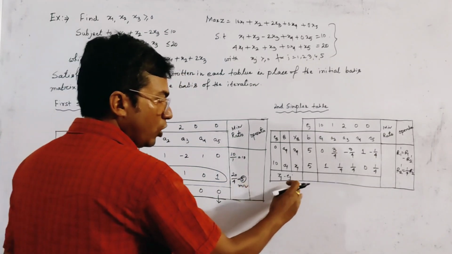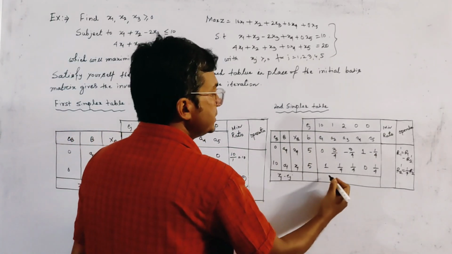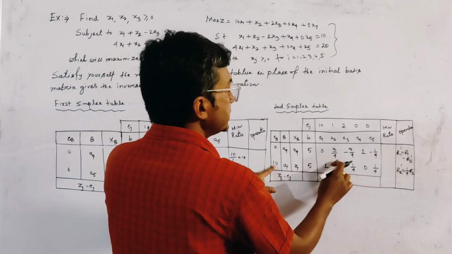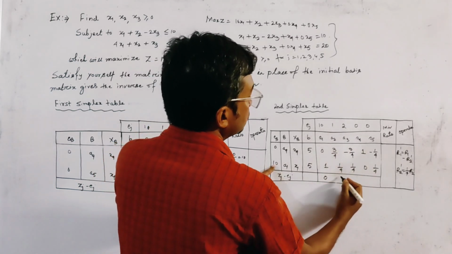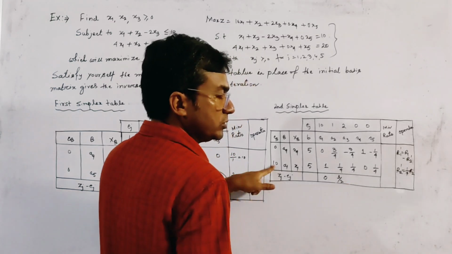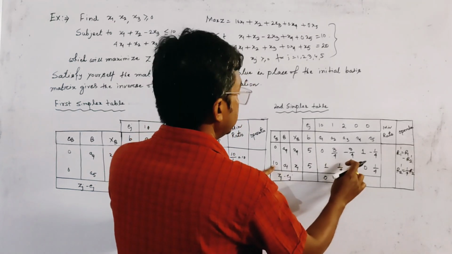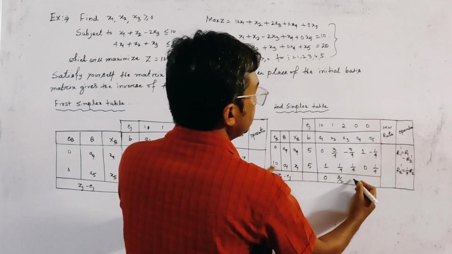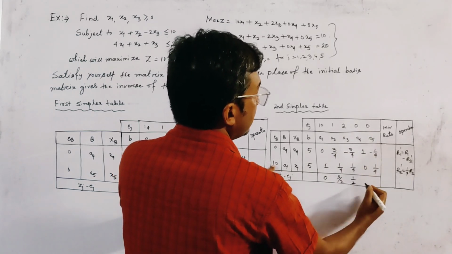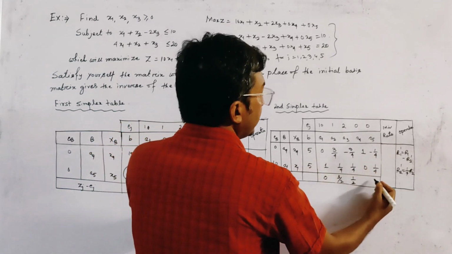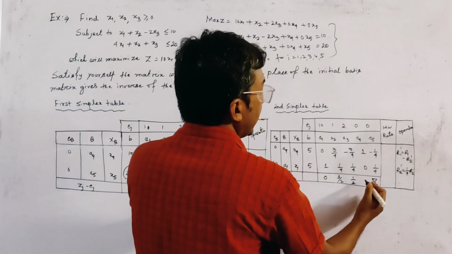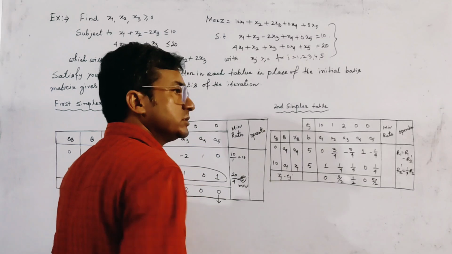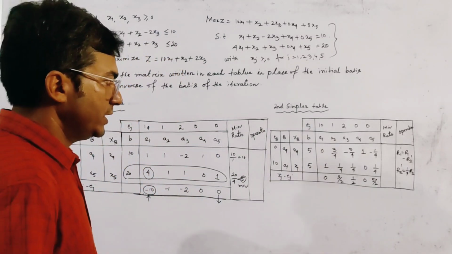Now we calculate all the net evaluations. Clearly this net evaluation is 0, and this is 10 into 1 by 4, that is 5 by 2, minus 1, so this is 3 by 2. Clear? And this is 10 into 1 by 4, 5 by 2, minus 1 by 2, which gives 5 minus 1 by 2, that is half, and this is 5 by 2 minus 0, and this is obviously 0 because these are basic variables.